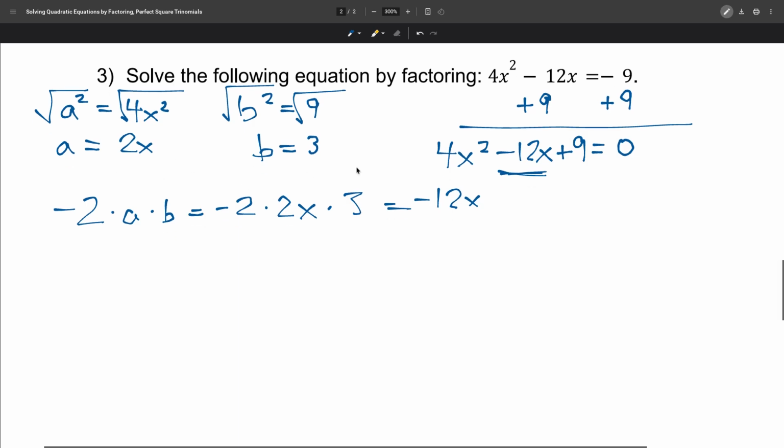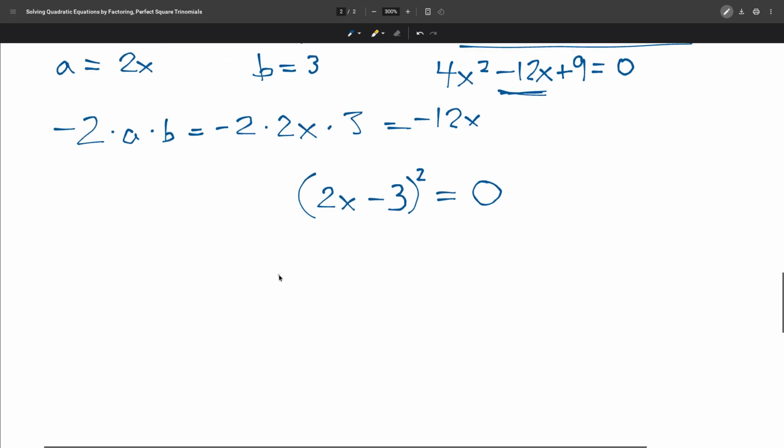So we're going to set this to a minus b squared. So 2x minus 3 squared on the left-hand side. Let me fix my 3 here. 2x minus 3 squared is equal to 0. Okay, so we're going to set 2x minus 3 equal to 0.